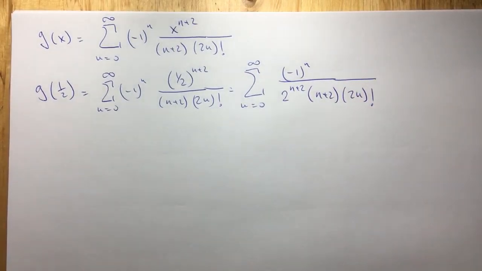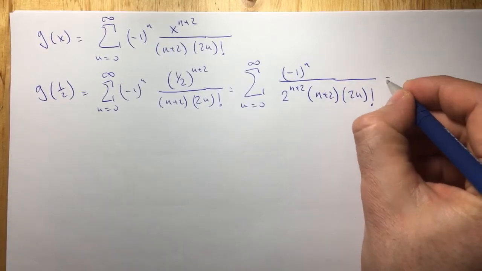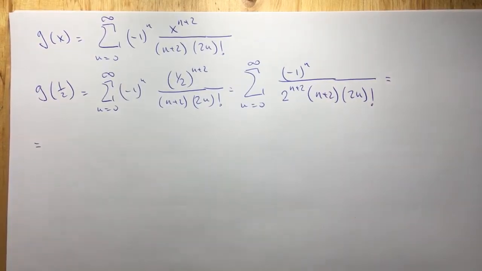Now we have to find this sum accurate to 4 decimal places, so that means that we're going to stop adding terms once we see that the 4th decimal place is not affected.